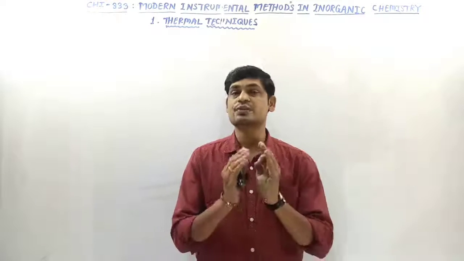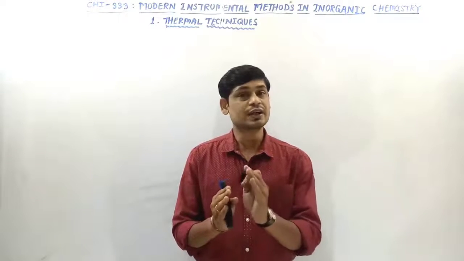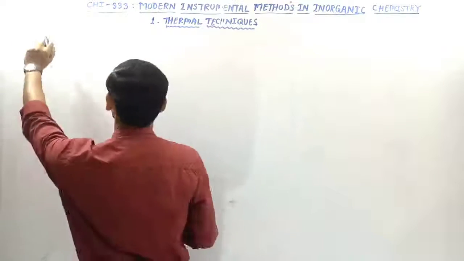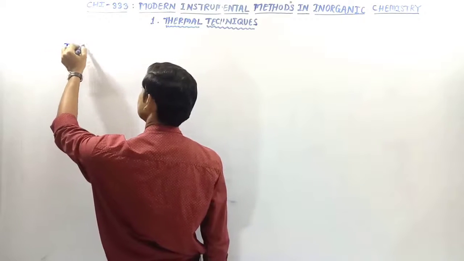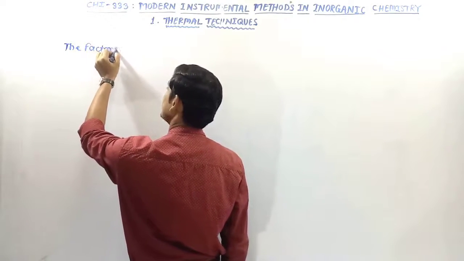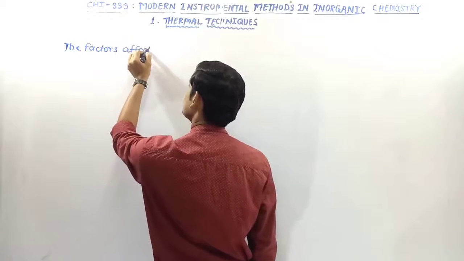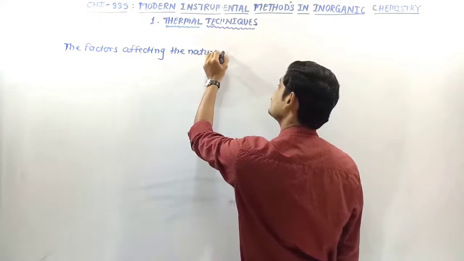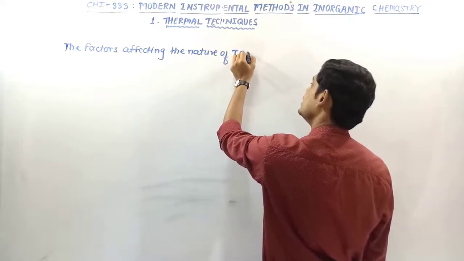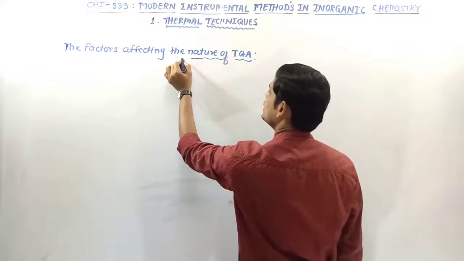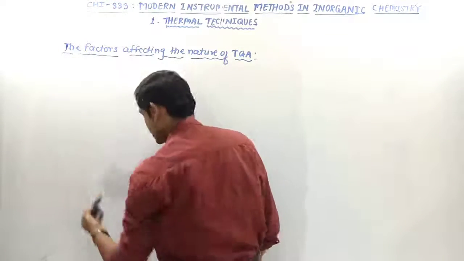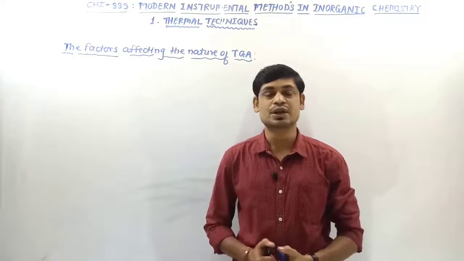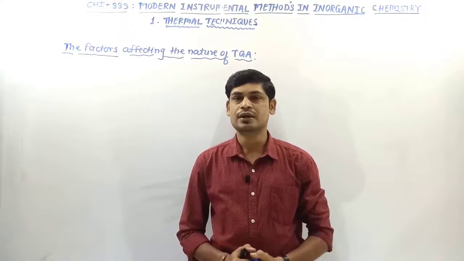Now in this lecture we have to discuss the various factors affecting the nature of a thermogram, that is the TG curve. So different factors influence the nature of a thermogram, that is the thermogravimetric spectra.